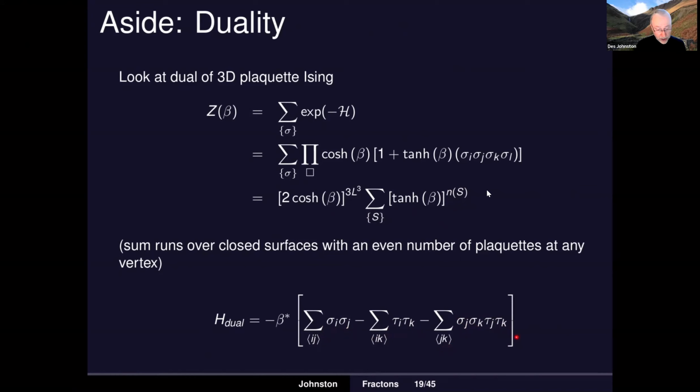And if you do a simulation of this model, you get back exactly the dual of the Plaquette Ising model. So this guy will have, again, a first order phase transition, and it'll still have this weird scaling that isn't scaling as the volume. So I've still got this degeneracy in the low temperature phase.